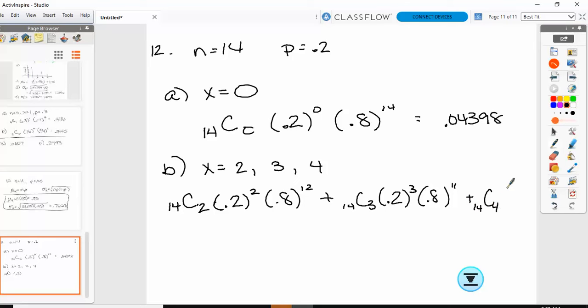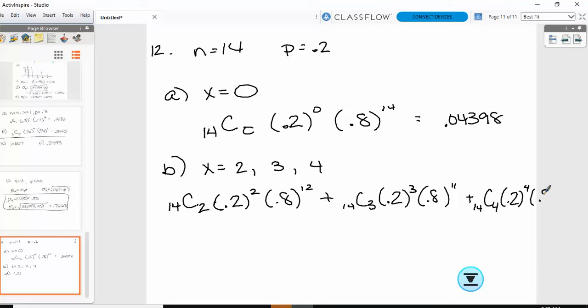And 14 choose 4, 0.2 to the 4th, and 0.8 to the 10th. So the easiest option, I think, is just to second enter and keep bringing these back up.